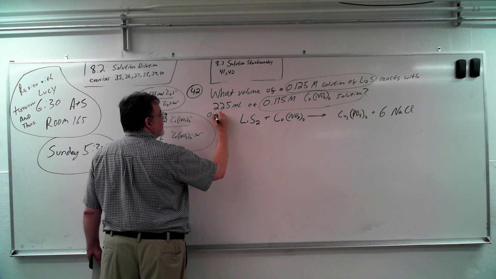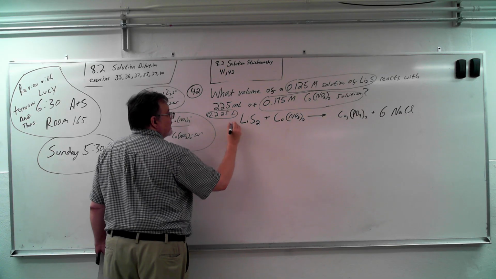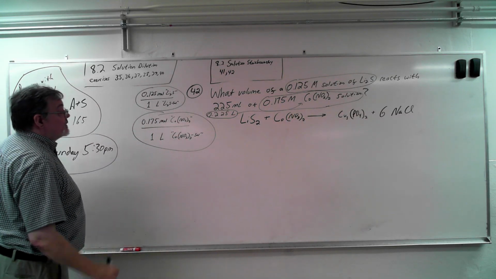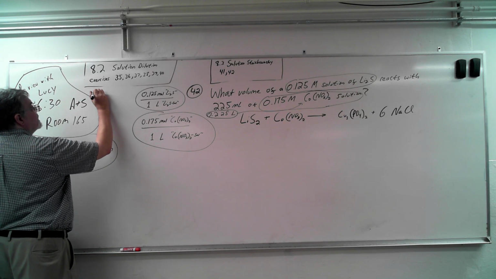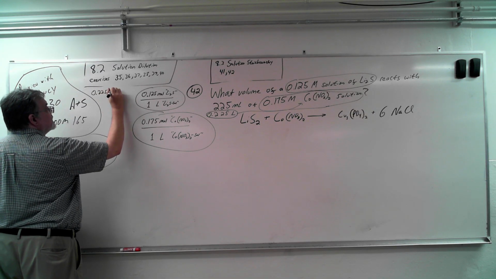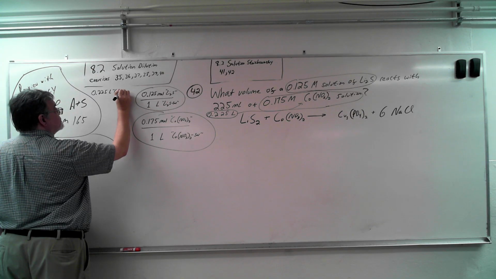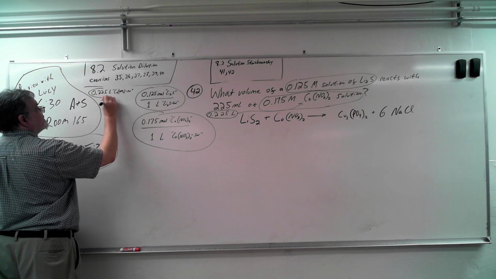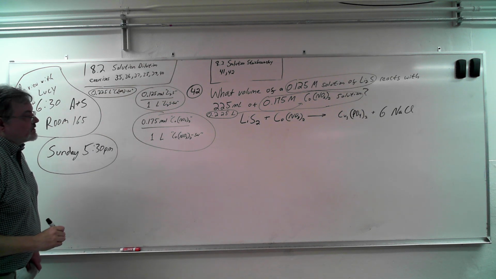I'll just preload it by going that. And it's liters of that. So 0.225 liters of cobalt nitrate solution. And that's just standalone. That's 3 out of 4 things.